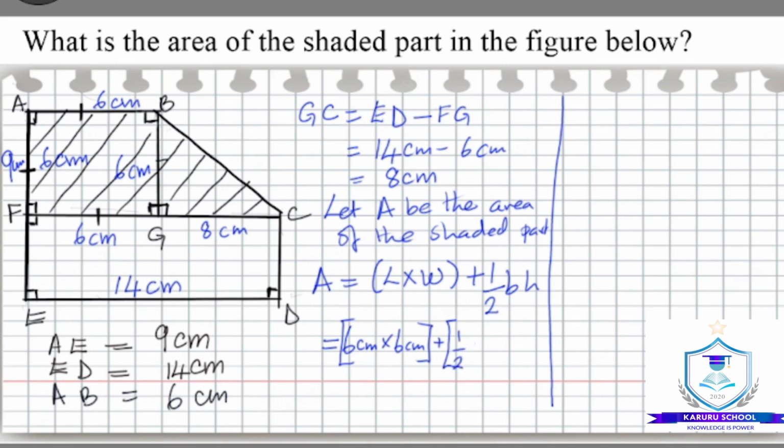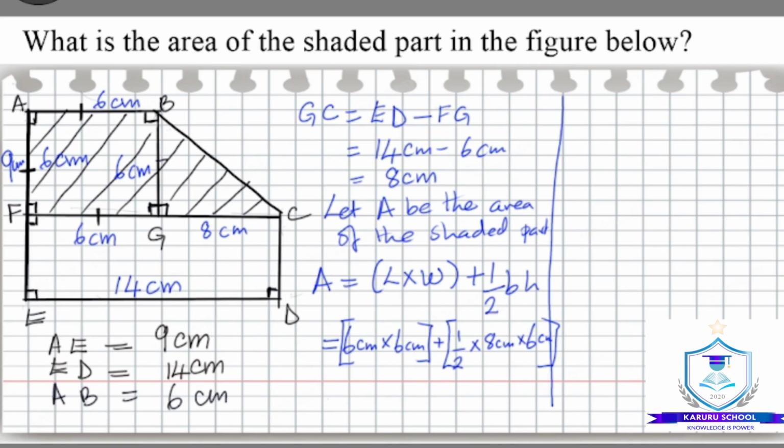Our base is 8 centimeters, so a half multiplied by 8 centimeters multiplied by the height, which in our case will be 6 centimeters. So GC will be our base for the triangle, and GB will be the height for the triangle.